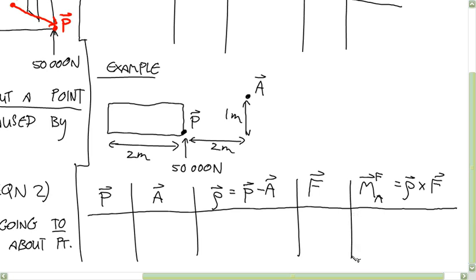Okay, so before we can fill out any vectors, we need to choose a coordinate system. We're going to do a lot of 2D problems, and most often you're probably just going to choose a standard horizontal, vertical coordinate system, but you don't have to. The coordinate system can be rotated anywhere you want.